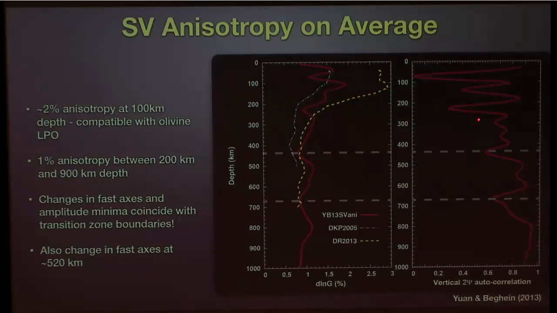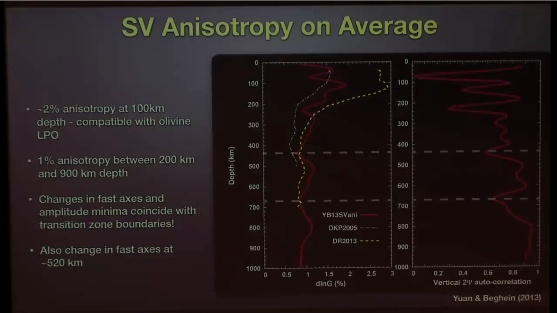But what was interesting and very surprising is that we found there is a peak at about 410 and another peak at about 670 kilometers depth, where we have minima in amplitude of anisotropy.